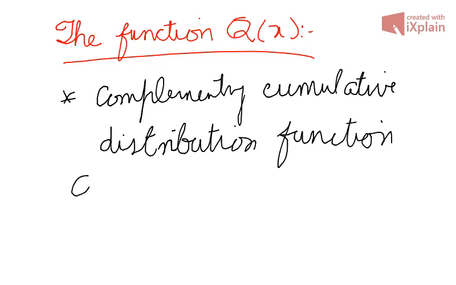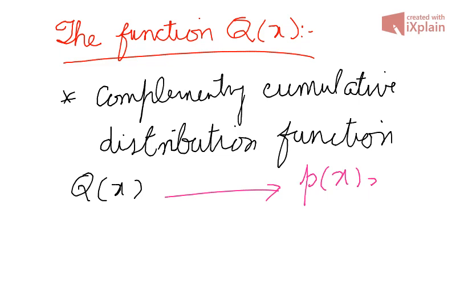We will most likely observe the relationship of Q of x with the standard normal PDF, which is denoted by p of x, or the CDF, the cumulative distribution function, which we will denote by phi of x.